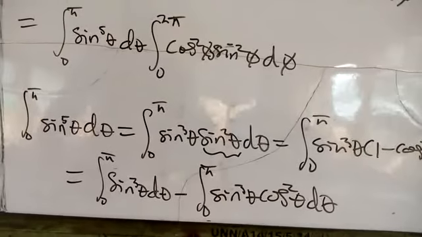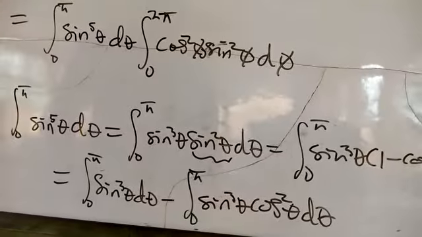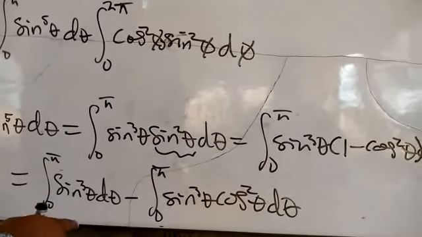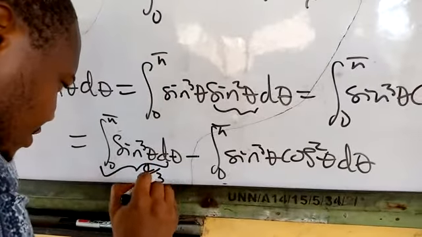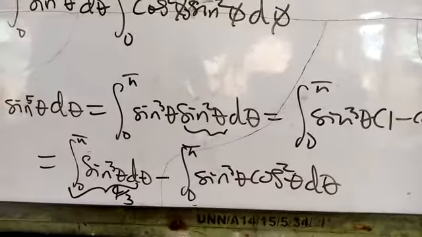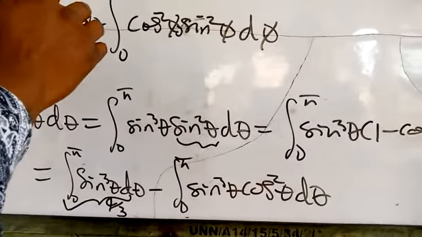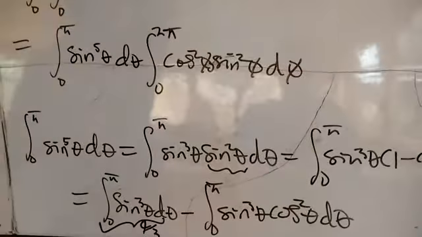Now, one more thing we'll have to do again is to see how to resolve this. First of all, you can see already, we did have a need for this, so I wouldn't have to do this all over again. So you can see that that alone will be 4 over 3. If that is the case, the next thing is, let me erase this place because what we're calculating is that.